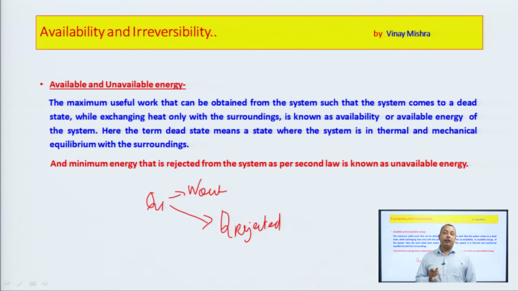There is nothing like an energy crisis for earth, because the earth has a sufficient amount of energy content in it, but the problem is associated with the available part of energy. Still a large amount of energy is there, but we are only concerned with the part of energy that can be utilized, that can be useful for us.